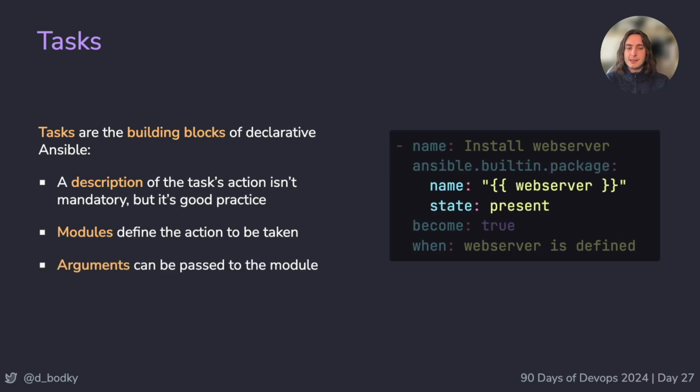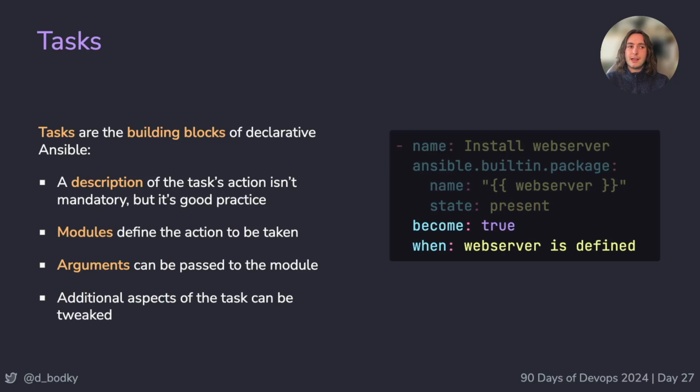You can pass arguments just the same. Here we are defining the default state explicitly, which is that we want the package to be in a present state. And we can add additional aspects of the task. For example, we can tell Ansible to execute whatever it does as a super user by passing become true, and we can also add conditions when to execute the task.